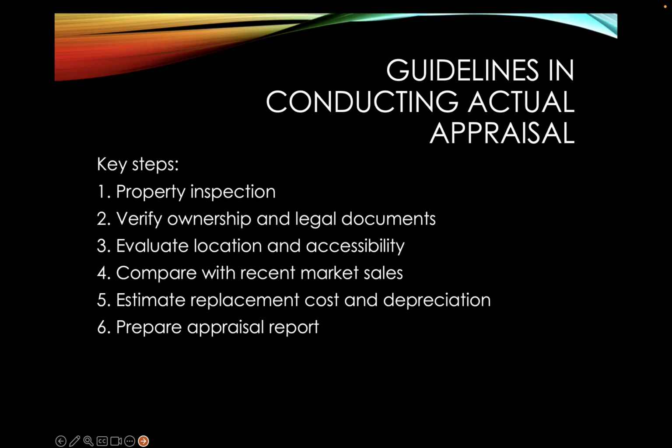For example, when we depreciate a building, it's basically the value that we employ for the actual deterioration of the property. And then we prepare the appraisal report. Again, like I said, these actual appraisal activities can be done by another party.